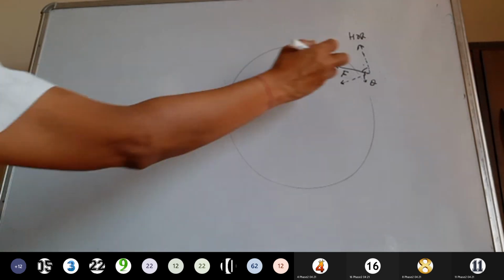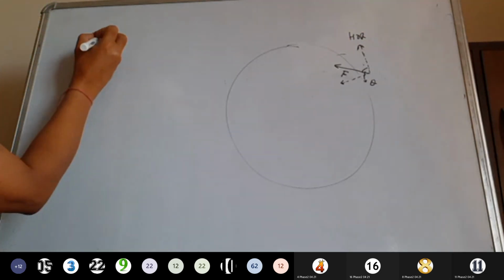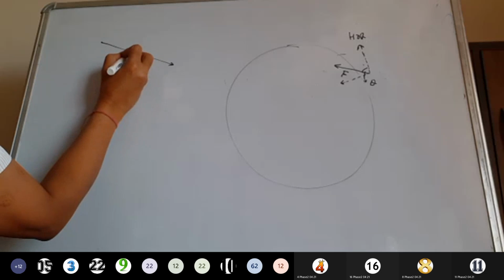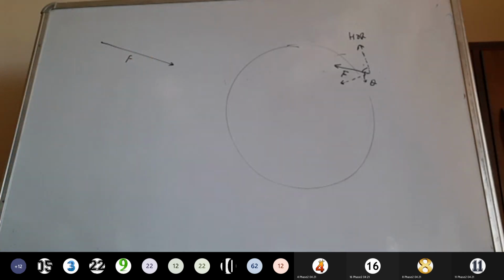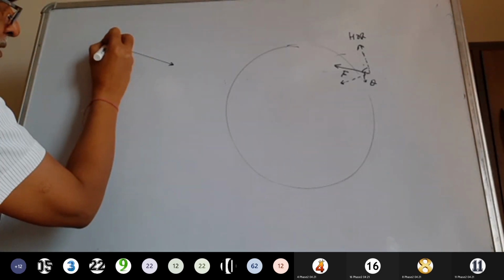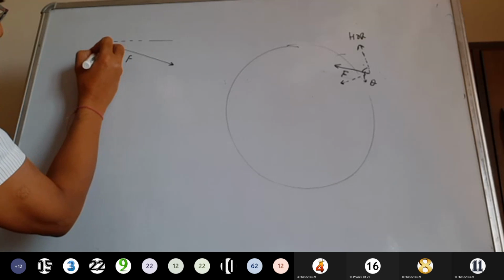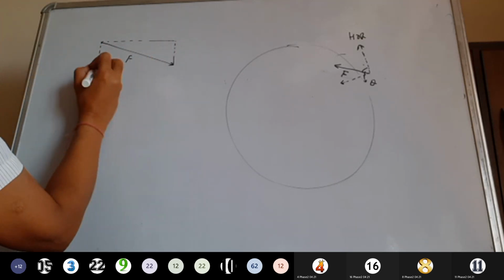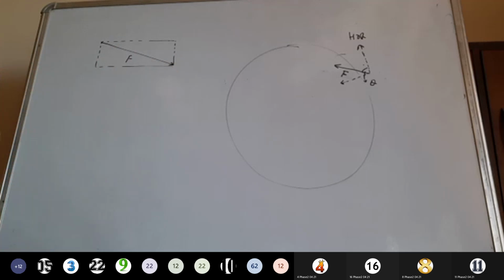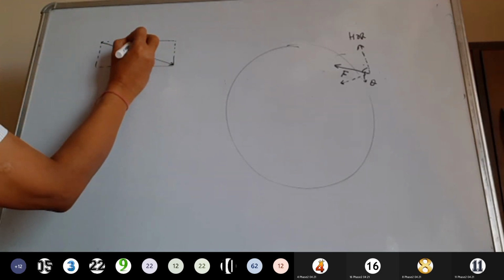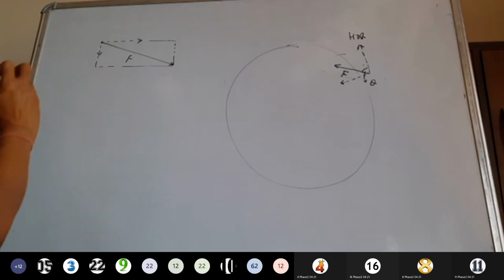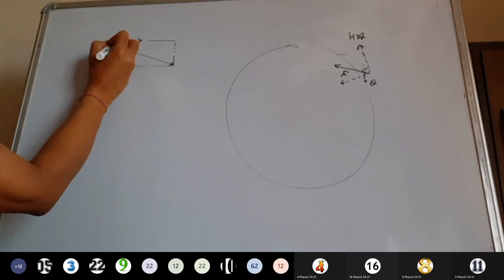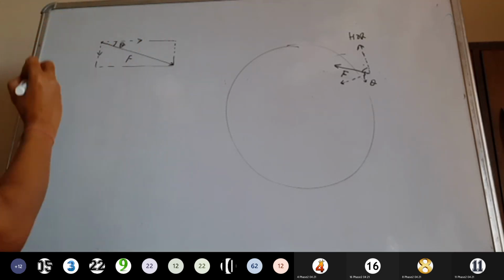If I zoom this and show it separately for the sake of clarity, this is the total field strength F at any point on the surface of the Earth, this is the horizontal component and this is the vertical component of F. And this is your angle of dip theta.